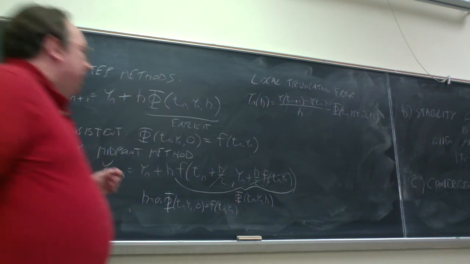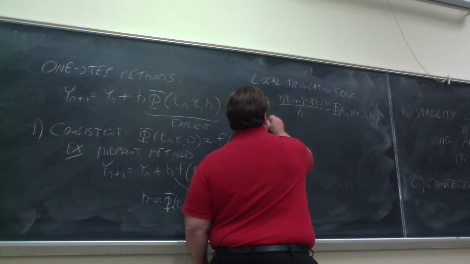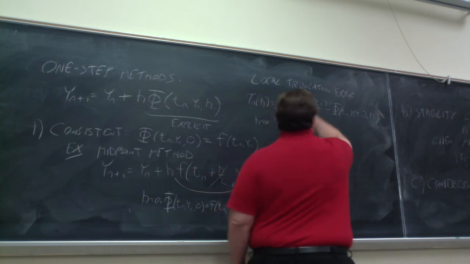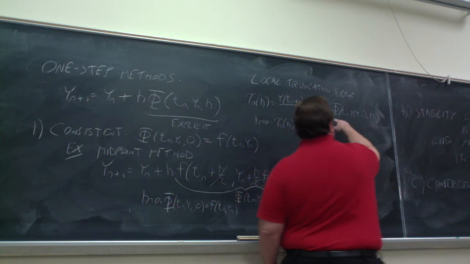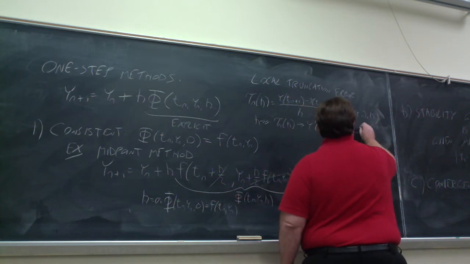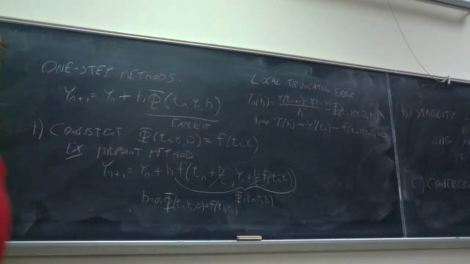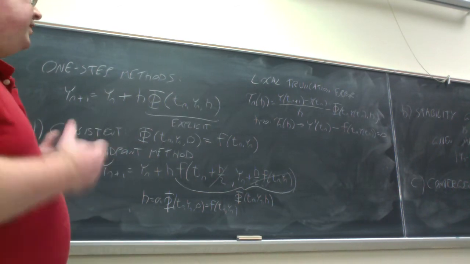The idea is as h goes to 0, tau n of h will converge to, well, this is a derivative, y prime of tn, and this should converge to f of tn, y of tn. But that's 0, because y of tn is the exact solution. So local truncation error is the numerical method rewritten in such a way that it more closely resembles the differential equation, so we can show that one converges to the other.